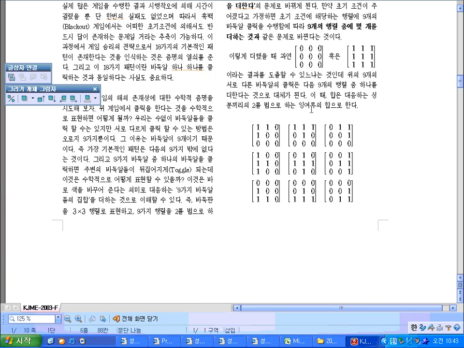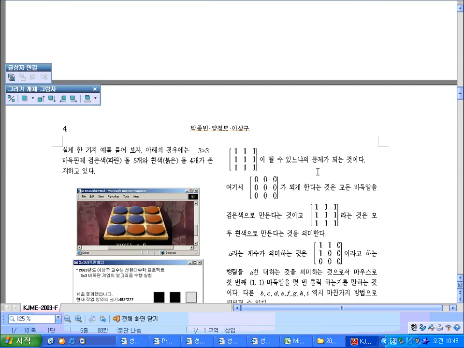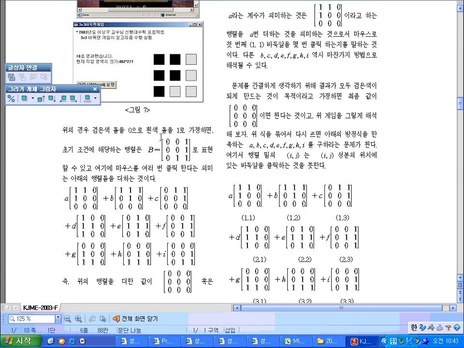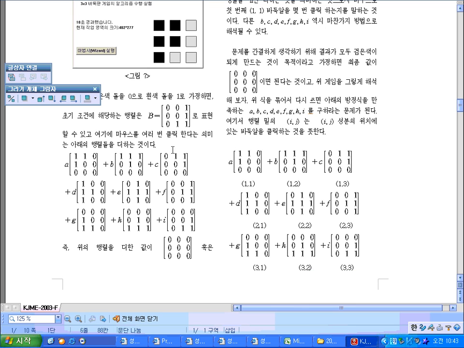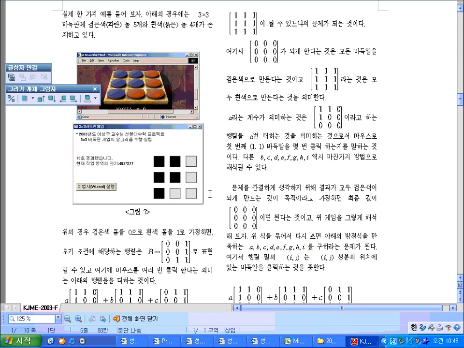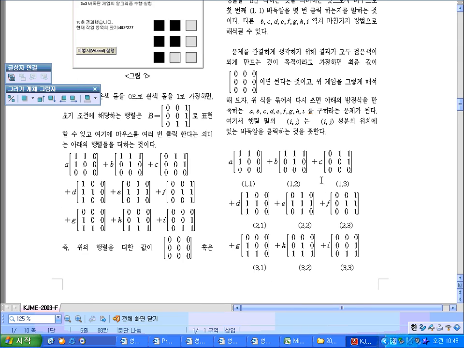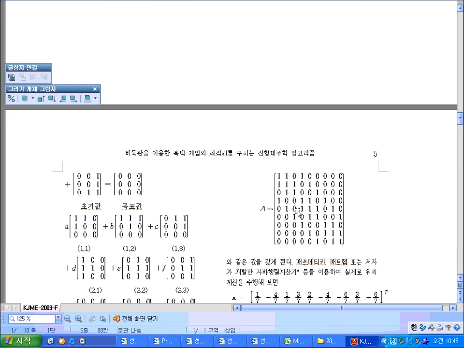Okay, that can be written in a matrix form of 0, 1 matrix like this. And if the initial condition is written in a matrix form like this, then the action that we're taking on a given condition can be considered as a linear combination of these 9 actions, by adding those 9 actions to the initial value to make it all black or all white.